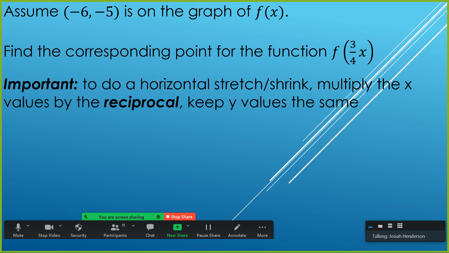So assume we have -6, -5 on our parent graph f of x. This is our original. Find the corresponding point for the function f of 3/4 x. This is our rule. This is our transformation. It's in the parentheses.